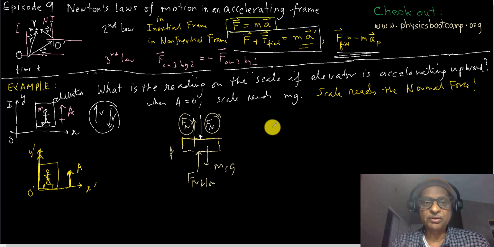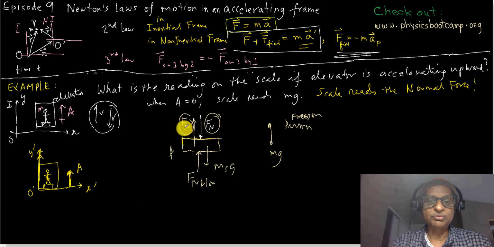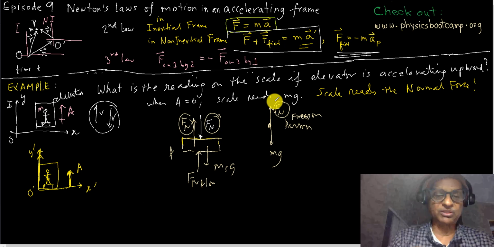All right, so now if you look at the person over here, the forces on the person are mg and this normal force. So if we can figure out the normal force, that's what the scale will read in every situation.